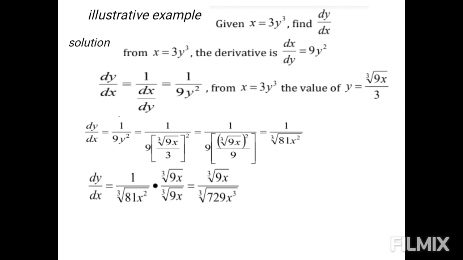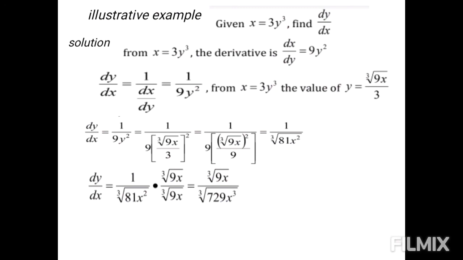And from that, we need again to rationalize since we have a radical in our denominator. So multiply the numerator and the denominator by cube root of 9x. And 1 times cube root of 9x is equal to cube root of 9x.